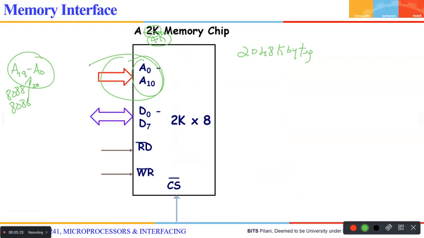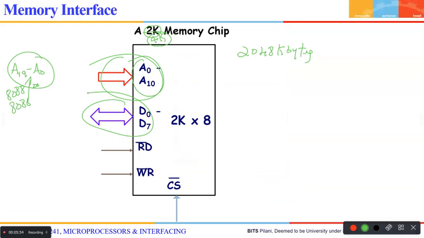Now, suppose your memory chip has D0 to D7. Is it byte addressable or word addressable? It's byte addressable. That means you can save one byte in one location. What else does it have? Read bar signal.